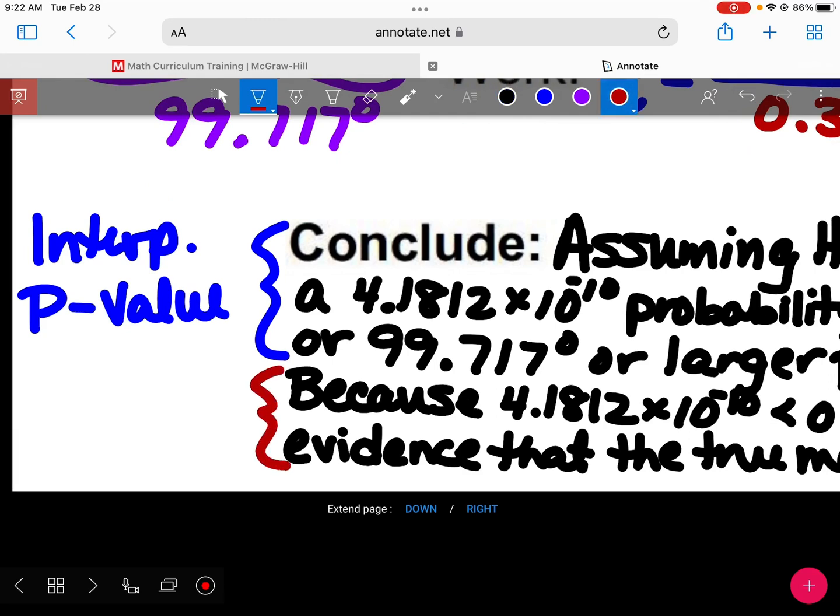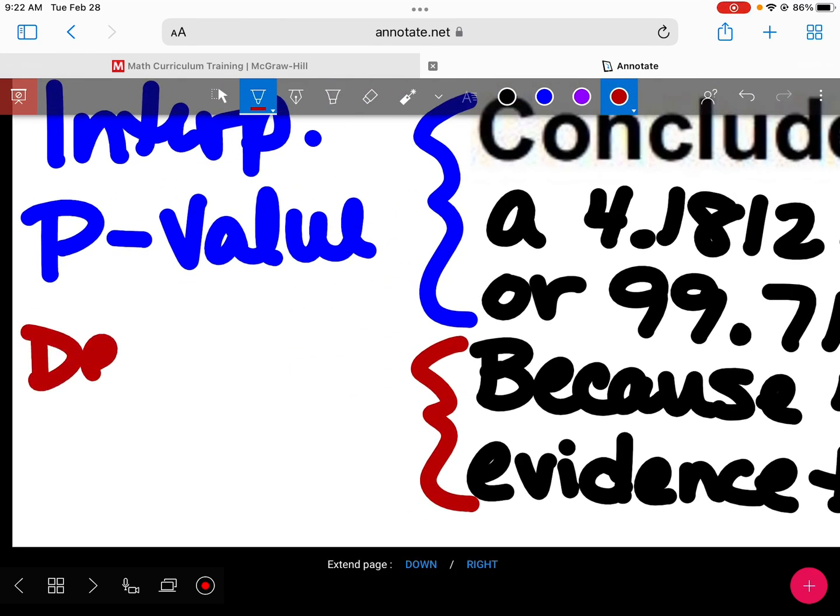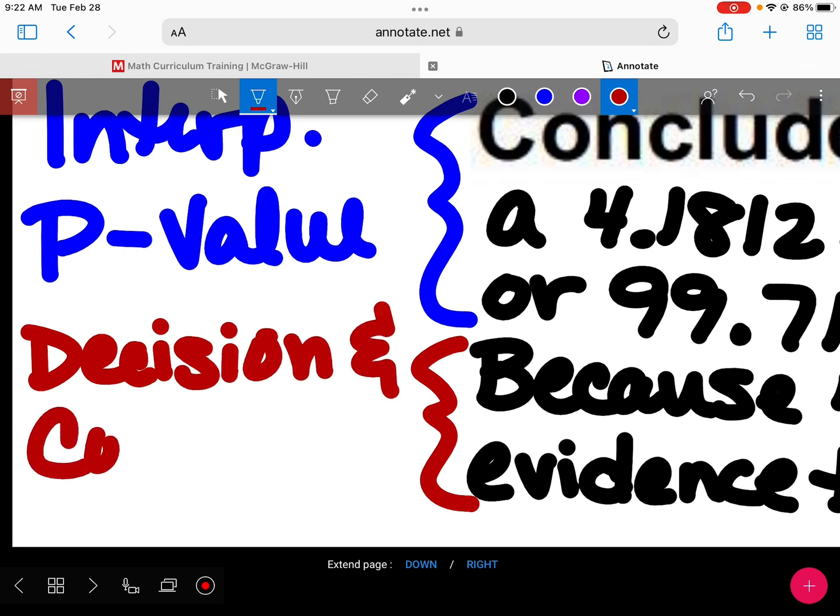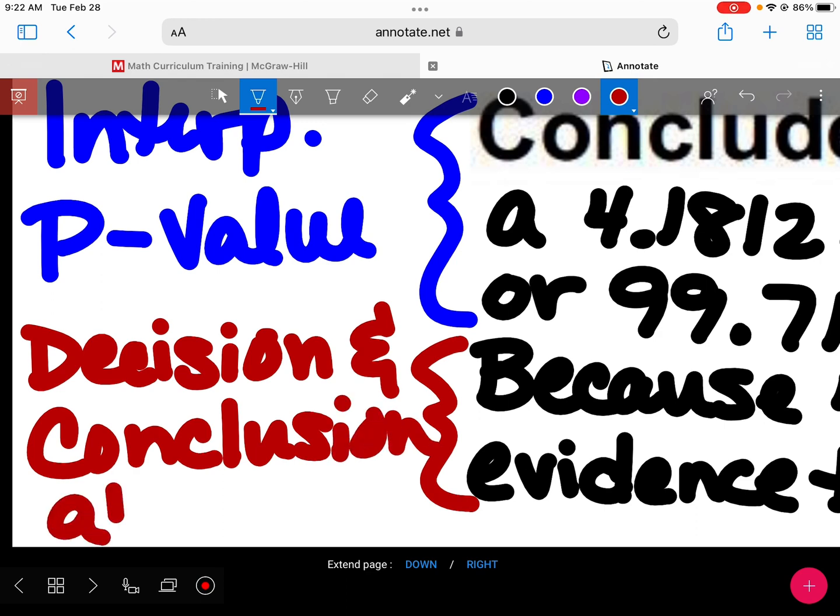Here's our decision and our conclusion. When I say conclusion, it's our conclusion about our alternative.